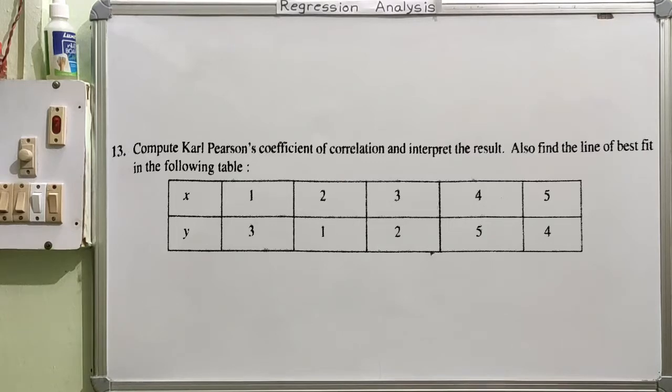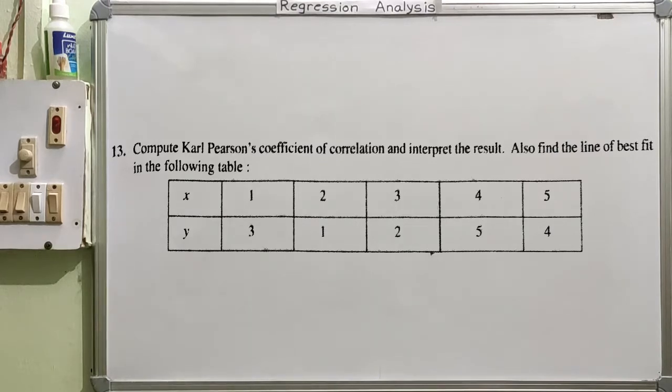So the first thing that we have to do here is find the correlation coefficient by Karl Pearson method, and then interpret the result. We have to see what is the range of your correlation coefficient, and then describe it. And then also find the line of best fit in the following table.